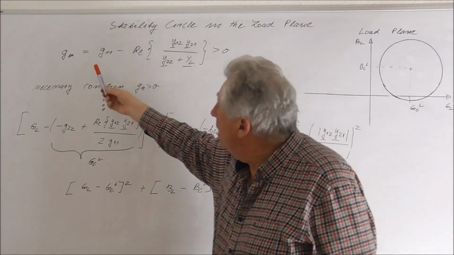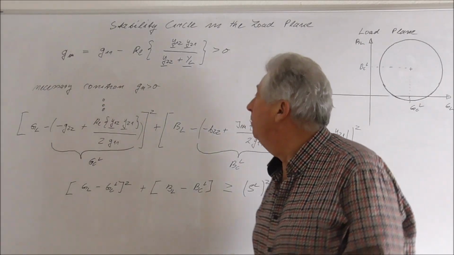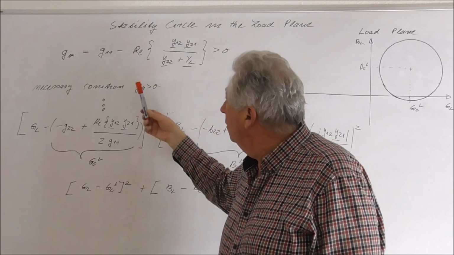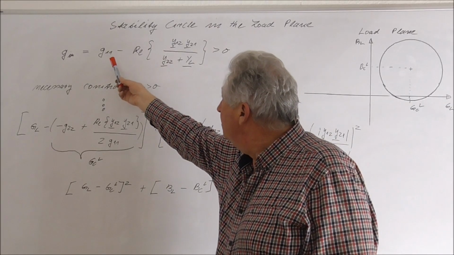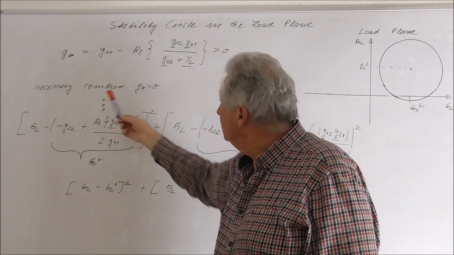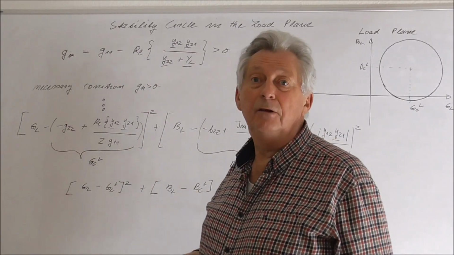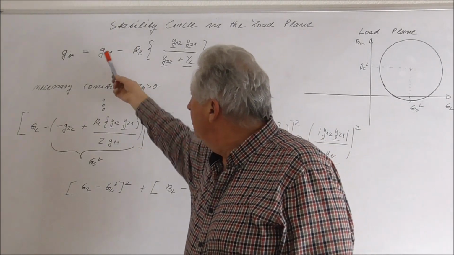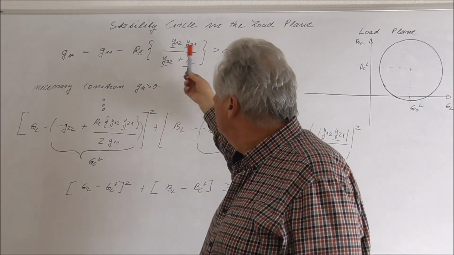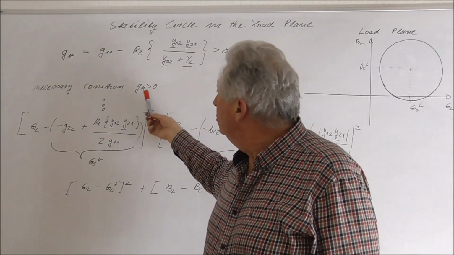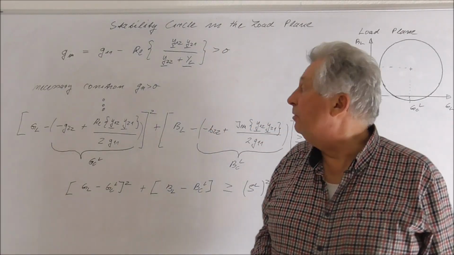And now we look at this equation in detail, and at first glance we already see that the necessary condition is that G11 must be greater than 0. If this were not the case, then of course it cannot always be greater than 0. So G11 must be greater than 0.